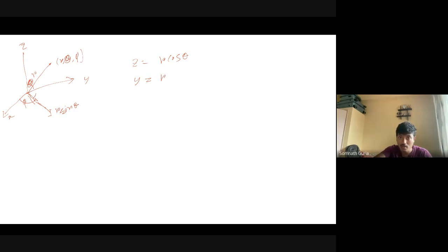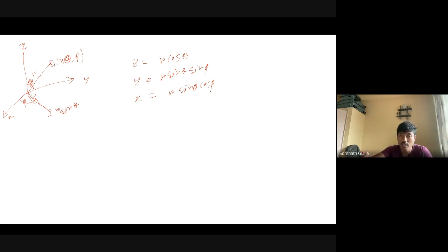Y equals r sine theta sine phi. Similarly, x equals r sine theta cos phi.